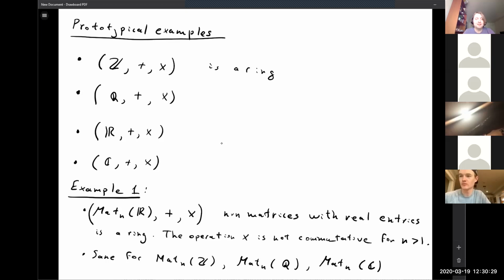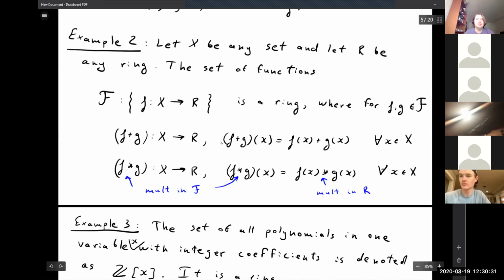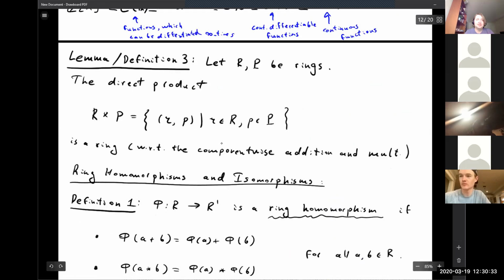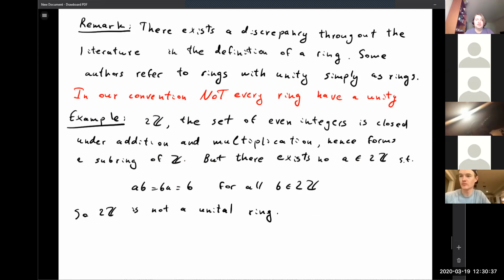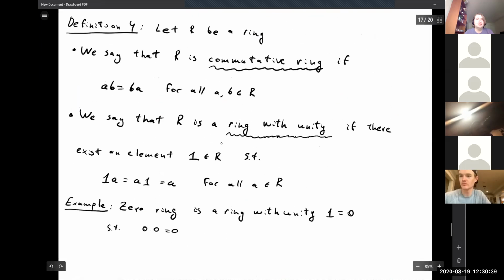Yeah, so then when we're looking at a unital ring, it just requires that there exists an element in the set itself, which could be like the identity of a group. That's right, very good point, thank you.